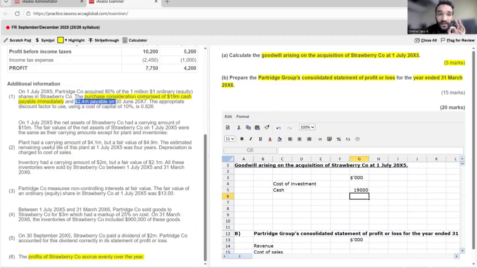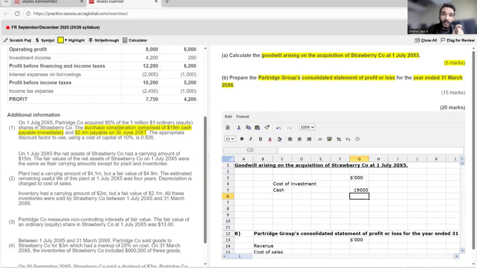But the 2.4 million is payable on 30th June X7. Please listen very carefully. There is no condition attached to this amount. It's not a contingent consideration. It's a deferred consideration. And it's not for 1 year. It's July X5 and you'll be paying in June X7.